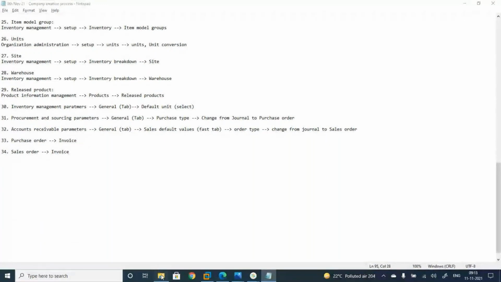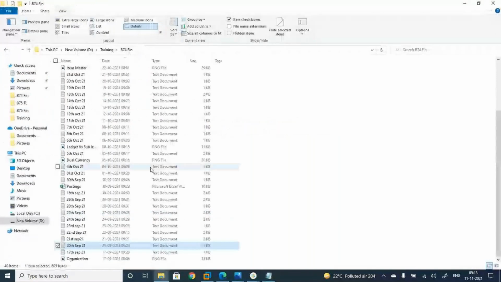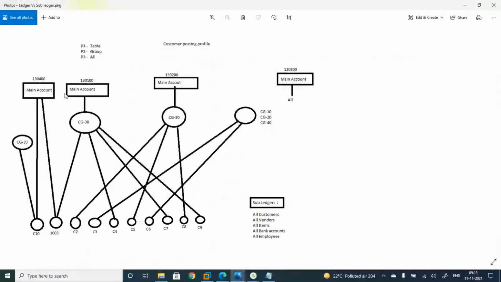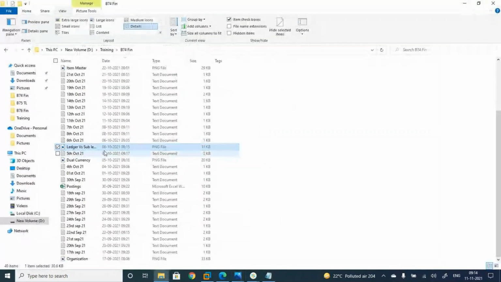So one topic I have explained, the ledger subledger concept. This is a 1 hour topic I have explained. Please refer to this topic. You will understand clearly. This is on 6th October.